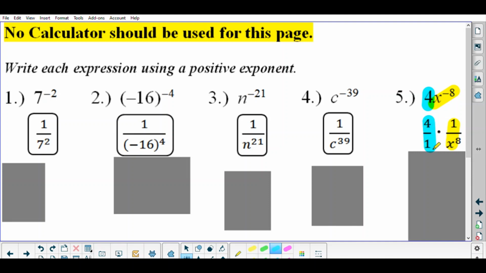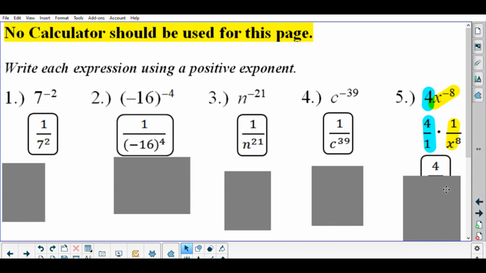It'd be the same as that whole number over 1. So if I multiply the numerators together, 4 times 1, that gives me a numerator of 4. Multiply the denominators together, 1 times x to the 8th, that gives you x to the 8th. And that is a detailed explanation, hopefully detailed enough for you, as to why the 4 ends up staying in the numerator, but the x to the 8th ends up in the denominator.